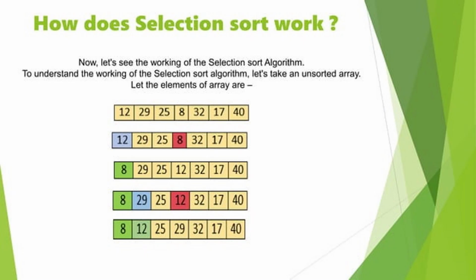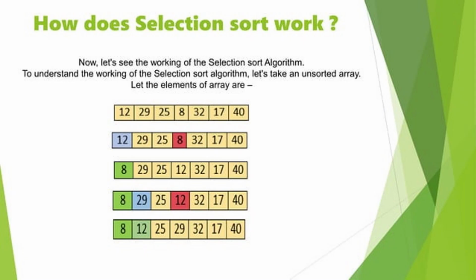So here in the array taken, the smallest element is 8. Swap 8 with the first element 12. So now the resultant array will be 8, 29, 25, 12, 32, 17 and 40, which is the third line now.